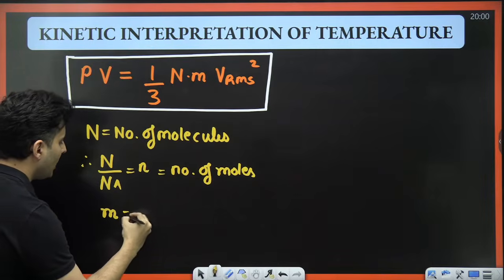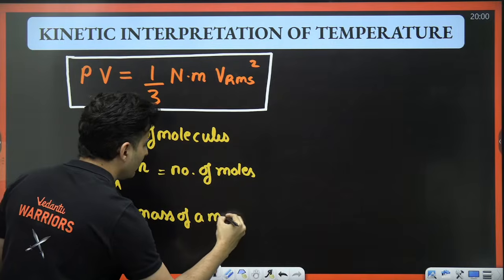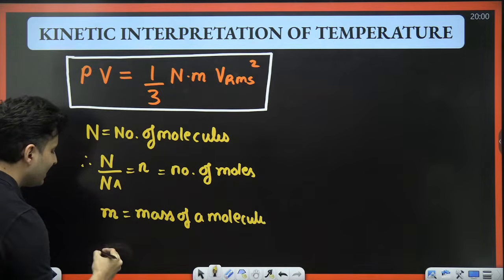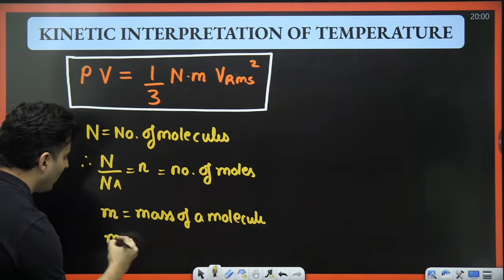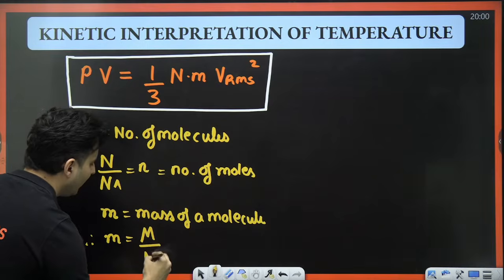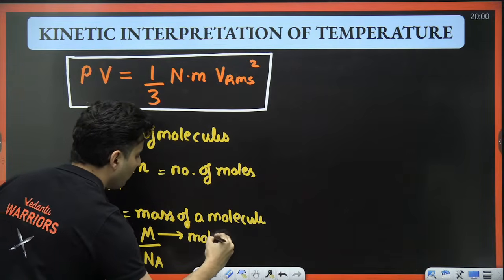Similarly, small m is mass of a molecule. So basically understand this small m is the molecular mass divided by Avogadro number, where this capital M is your molecular mass.